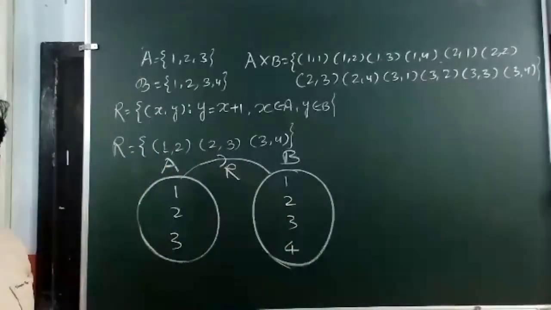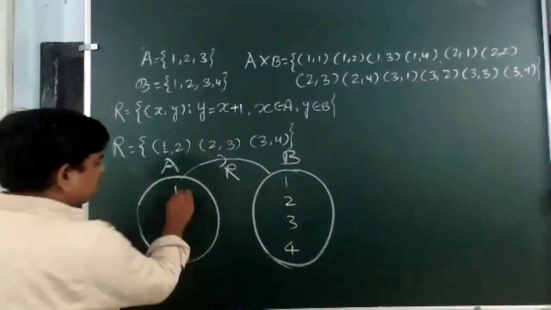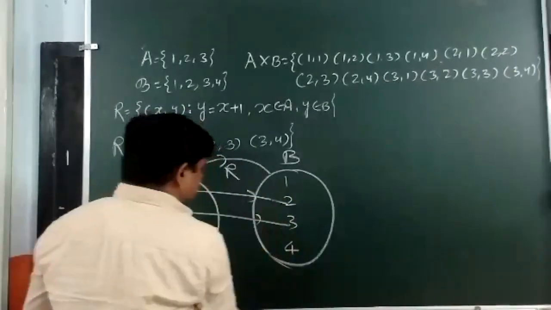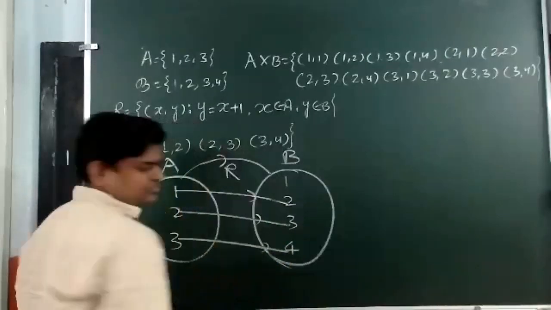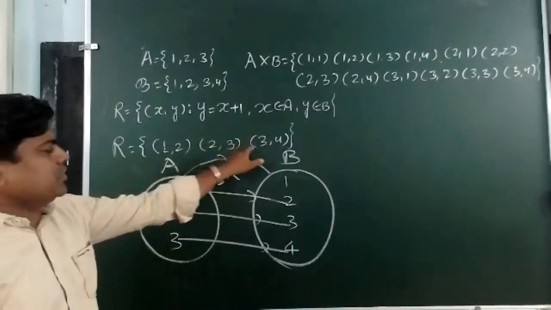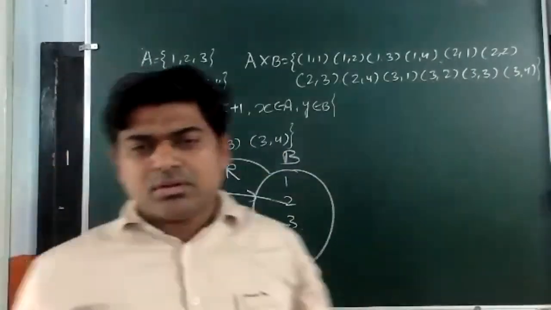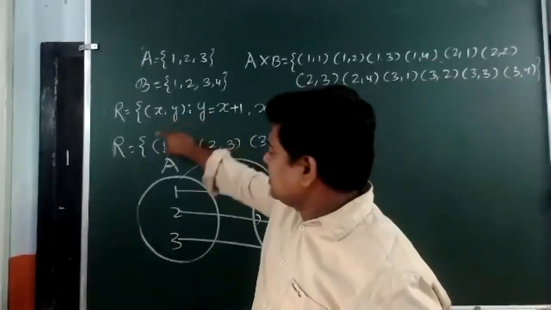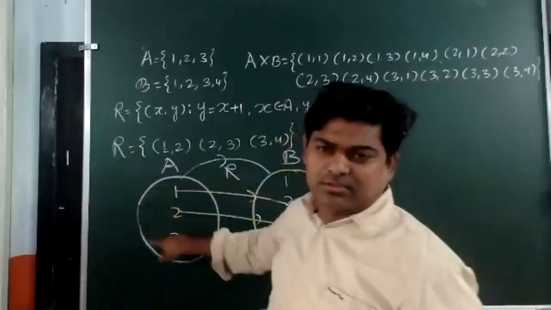What we have seen, 1 is related to 2, 2 is related to 3, 3 is related to 4. Same thing we are having now. Again, you can see this is set builder form, this is roster form, and this is arrow diagram.